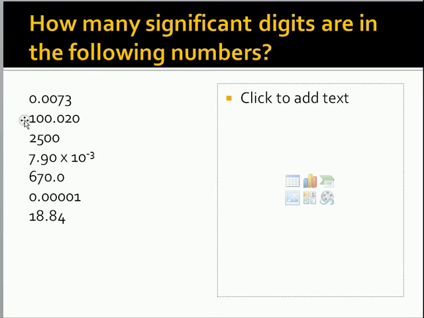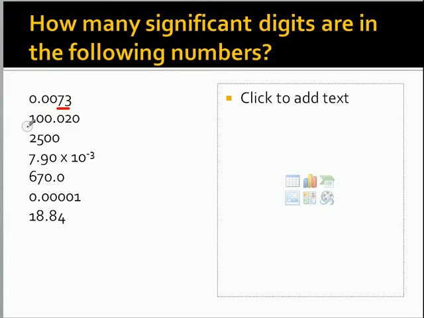Okay, so you have 0.0073 and you have 100.0202500. Let's try some. 0 at the beginning, not relevant. 0 again, not relevant because they're on the left. So this should be 2.